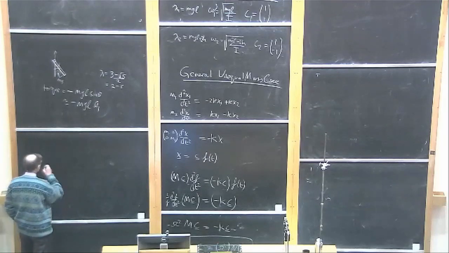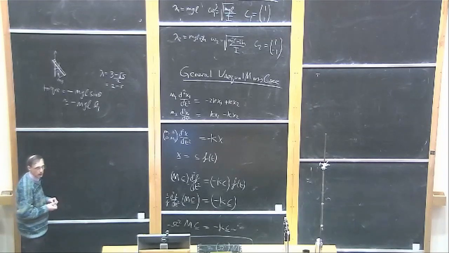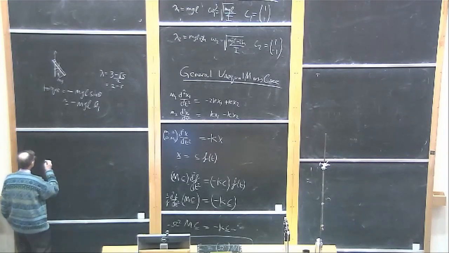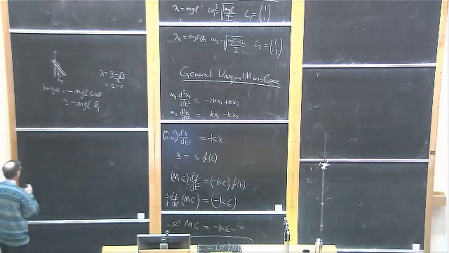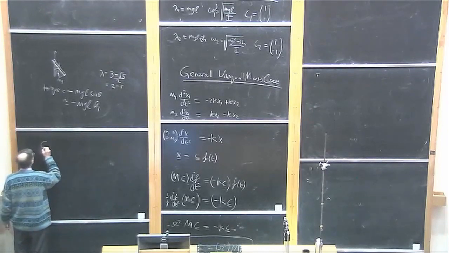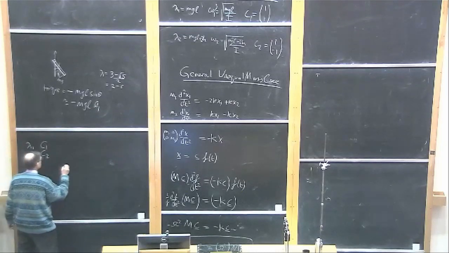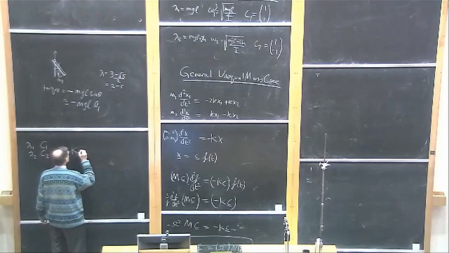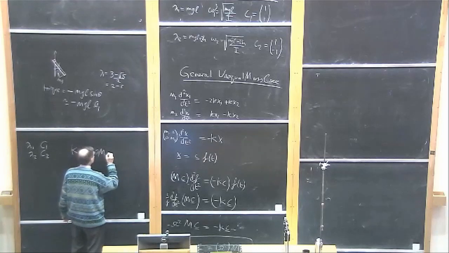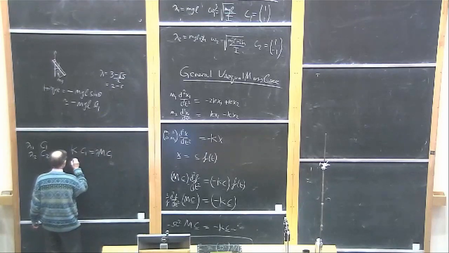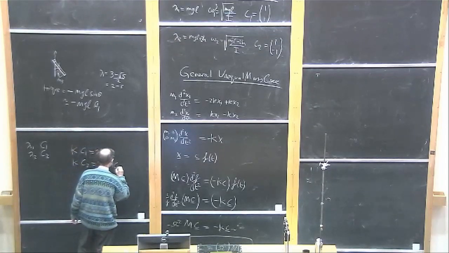So let's just look at one of the special properties, which is the orthogonality. It's still the case that the eigenvalues are real. I won't give the proof for that. But let's look at the orthogonality of eigenvectors, since that's the crucial one, and it also tells us how orthogonality is now defined. Suppose we find two eigenvectors, C1 and C2, belonging to eigenvalues lambda 1 and lambda 2. That is to say, we have K C1 is lambda 1 M C1, and K C2 is lambda 2 M C2.